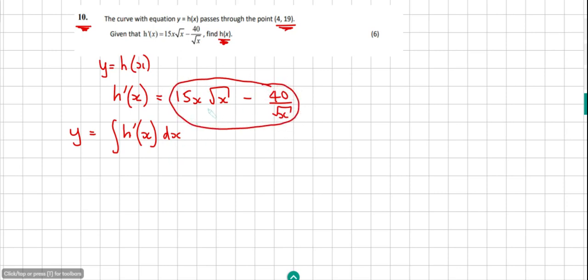And before we do that, we could do with sorting out these roots and putting them into index notation. So we know that the 15x is going to be times by x to the half, because that's what the root of x is, and it's also minus 40 over x to the half on the bottom, in the denominator.